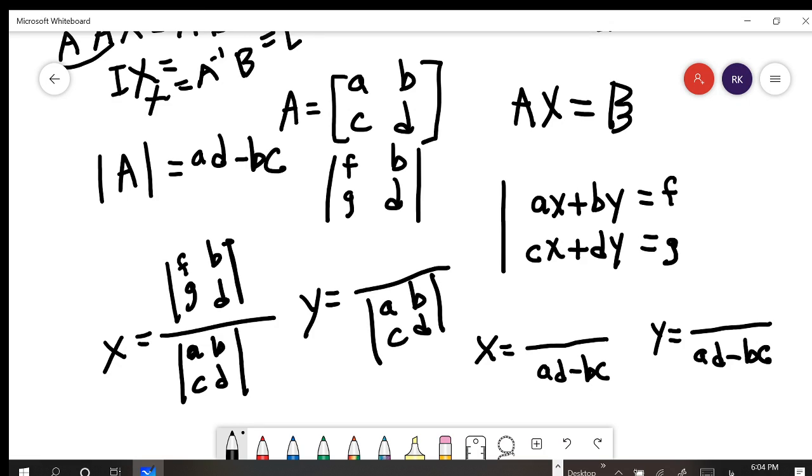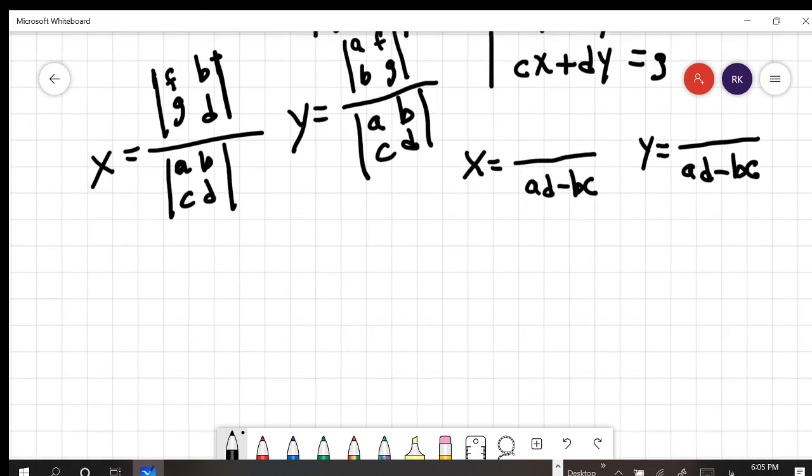That's the determinant. It's not a matrix. The notation for a determinant is like absolute value. And then y is given by the same determinant, but this time you erase the second column and put these two numbers in it. So A and B remain the same, but you get F and G here. That's called Cramer's rule.